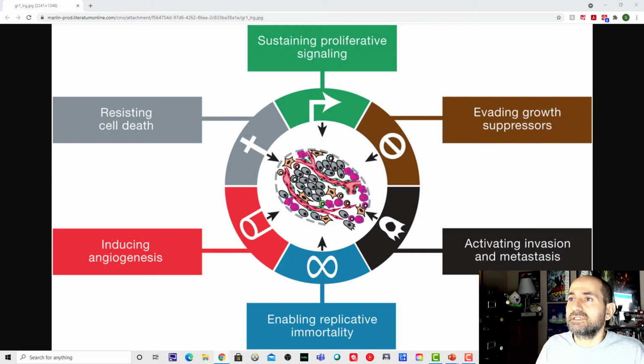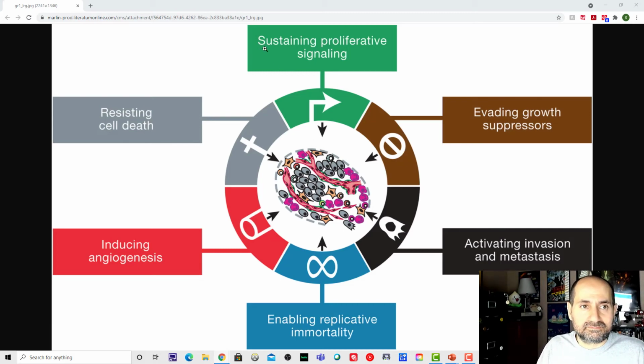Hanahan and Weinberg in 2000. They published a very interesting review called The Hallmarks of Cancer. And in it, they said that cancer cells are able to do these things, once they're metastatic, once they've gone full-fledged cancer.